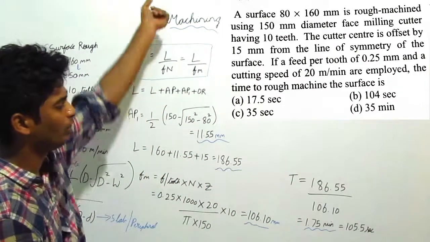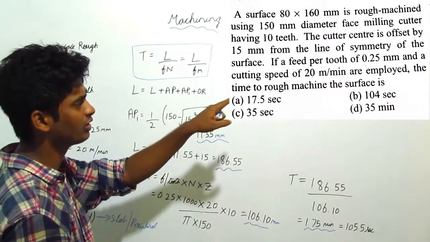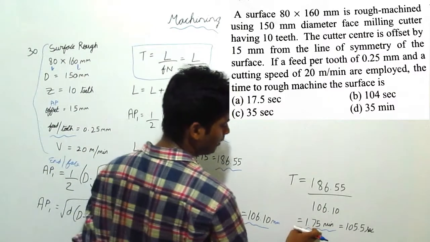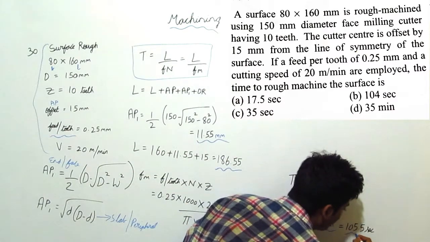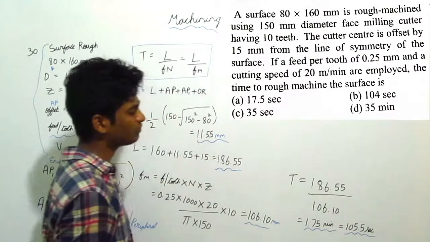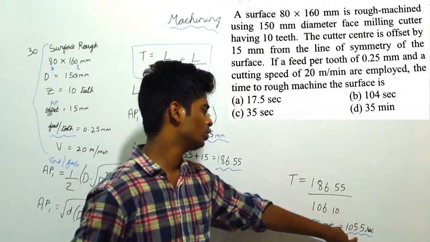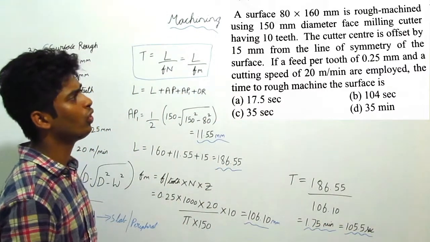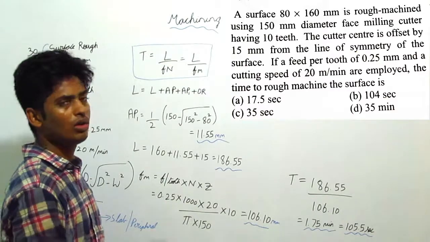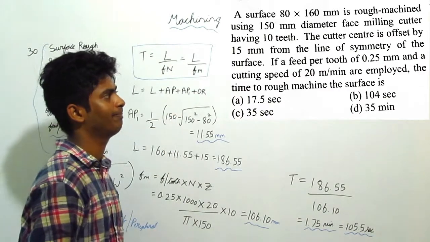But in the given problem, 1.75 minutes is not given, so we multiply by 60 to convert into seconds. We are getting 105.5 seconds. So this value is near option B, that is 104 seconds. Option B is correct. Right? Thank you.